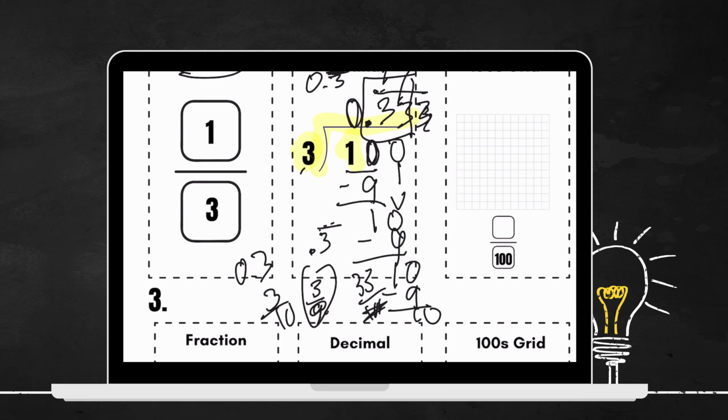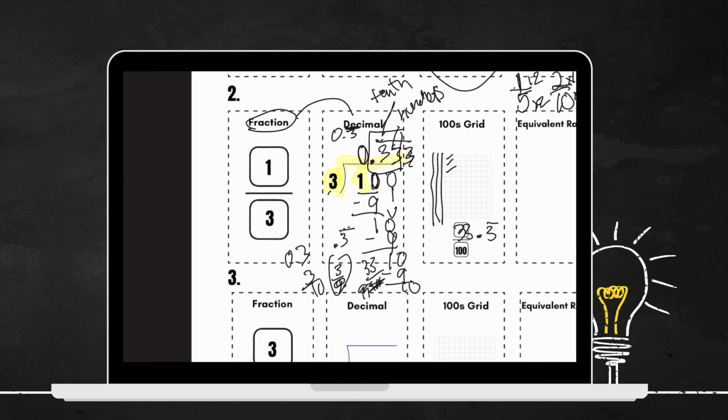And actually it would be 99 since it's repeating. So we're going to fill in 33 squares. 1, 2, there's 30, 1, 2, 3. And then 0.3 repeating, because the 3 is going to keep on going, and we're not going to be able to draw that.